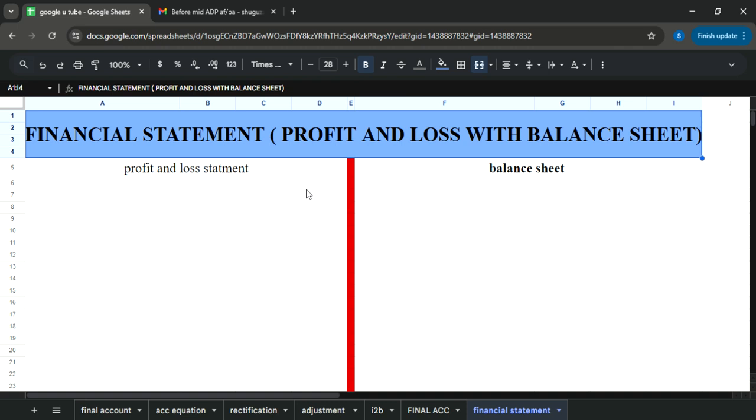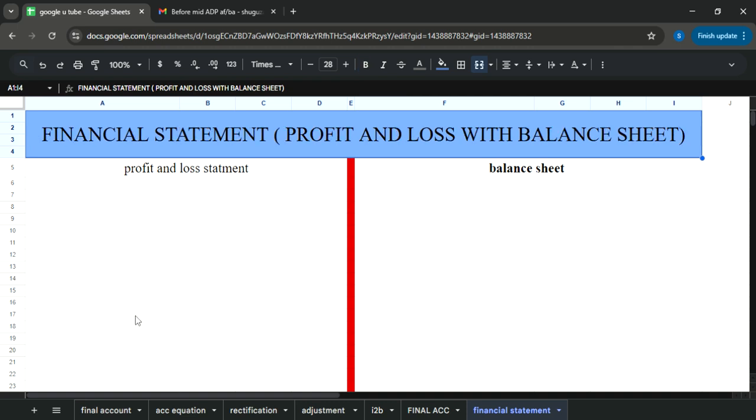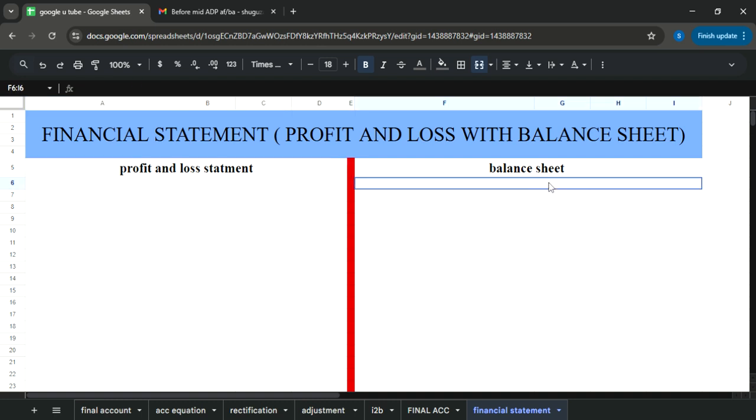Now please understand, here we have two parts. Over here I have told you this part is used for calculation of profit and loss, and this part would be used for calculation and demonstration of the balance sheet. Now you can see that we will further divide the left page into two parts and the right page also into two parts. Here this is the first part of the balance sheet.